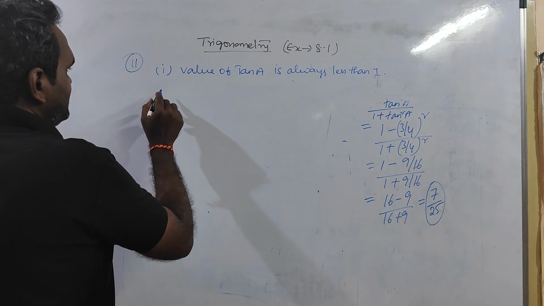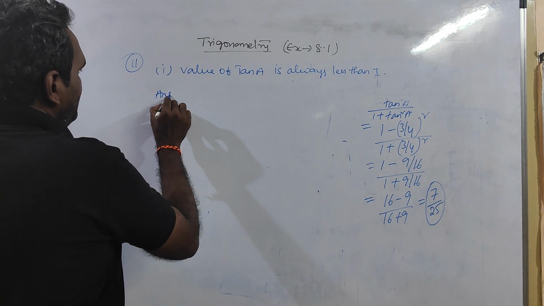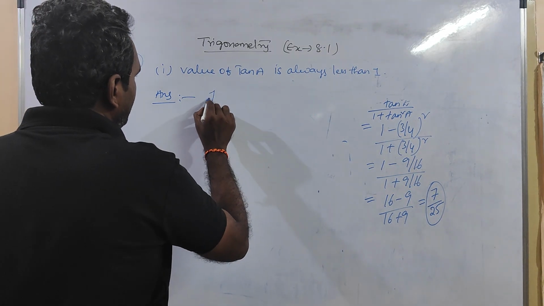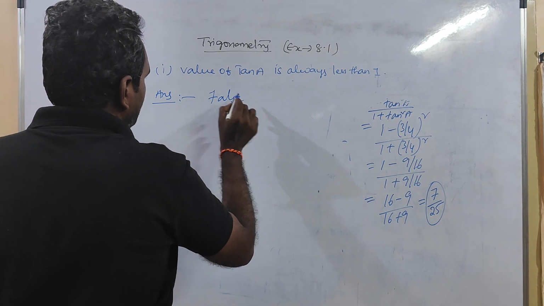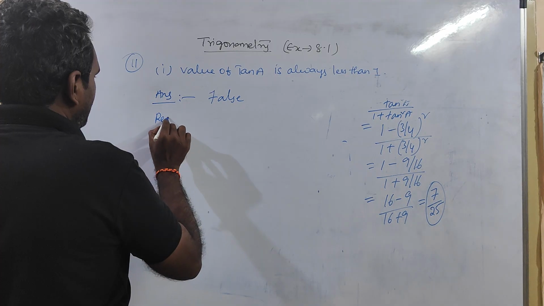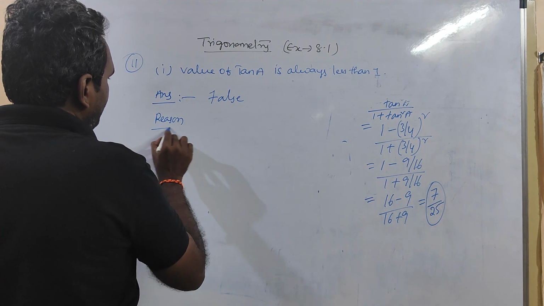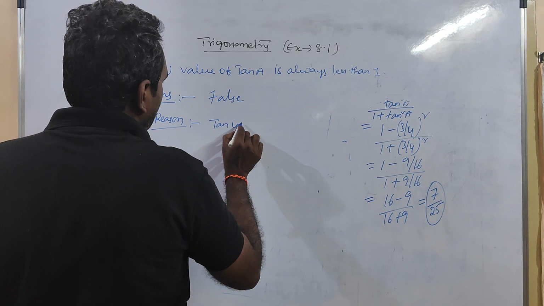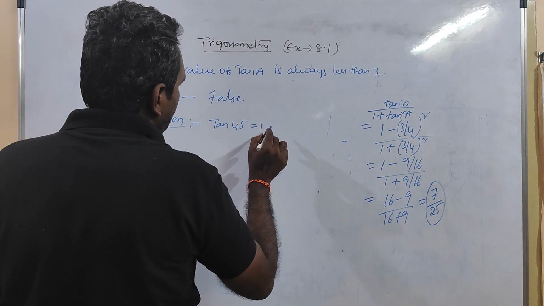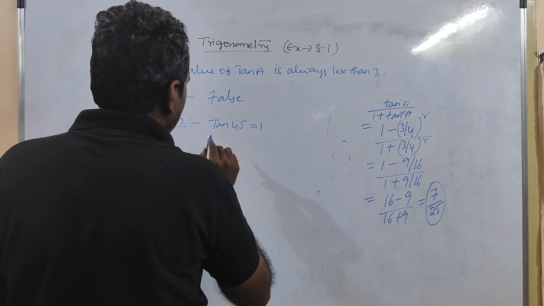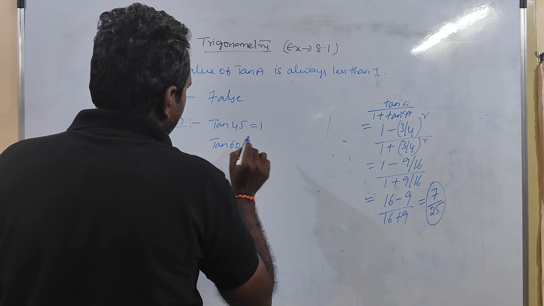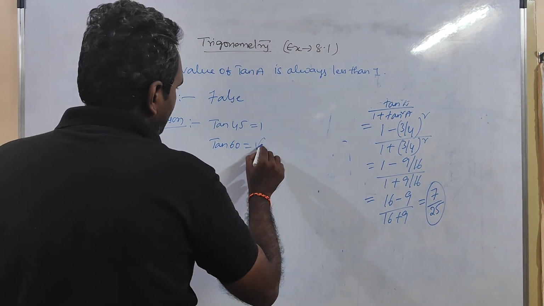First answer I will write. Value of tan A is always less than 1. Answer is false. And after that, reason for that is, we already know tan 45 is how much? Tan 45 is 1, and tan 60 is root 3.